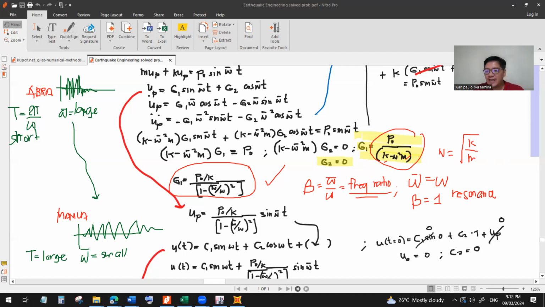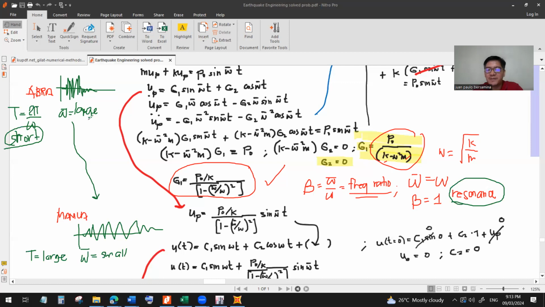Okay. Now, relating to resonance. That means the frequency or the period of the earthquake will resonate with short period structures. Okay? It will most likely resonate with short period structures. Now, what is the period of our structures?